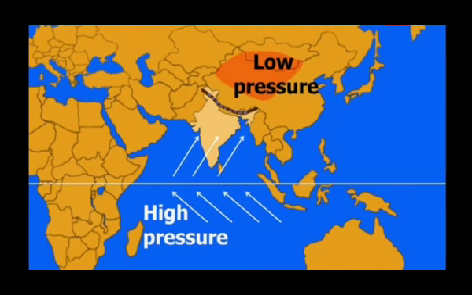The air moves from high pressure area over Indian Ocean in a southeasterly direction, crossing equator and turns right towards the low pressure area over the Indian subcontinent. This is important to know, that why these winds deflect.